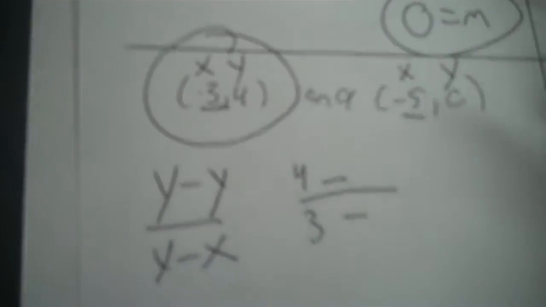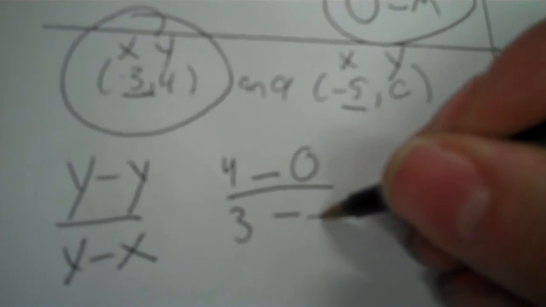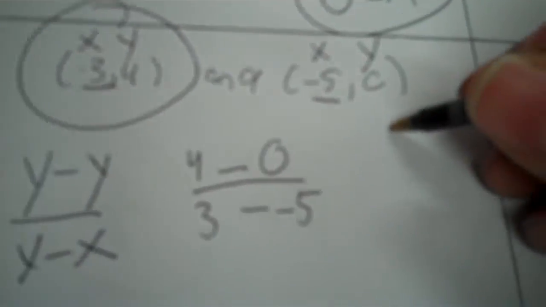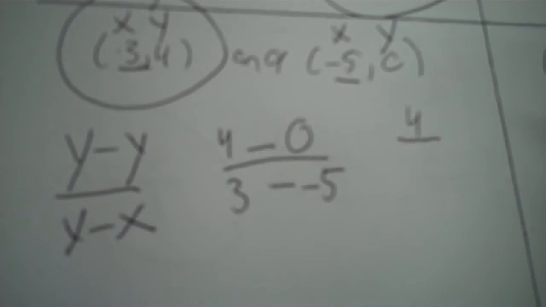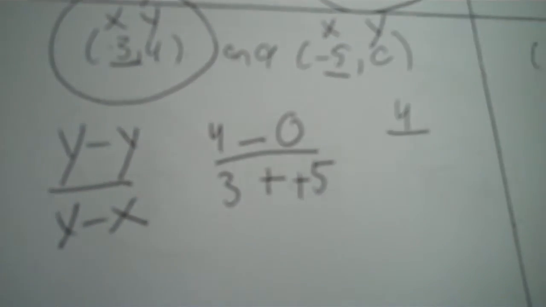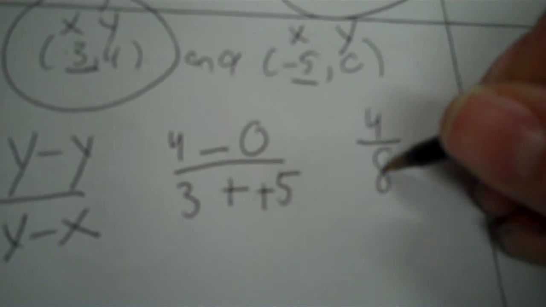Okay, 3, 4, and -5, 0. So y minus y, x minus x. So I compare +3 and -5. +3 is higher, so it would be 4 over 3, and then 0 over -5. 4 minus 0 is 4. 3 minus -5 is +5, which is 8.